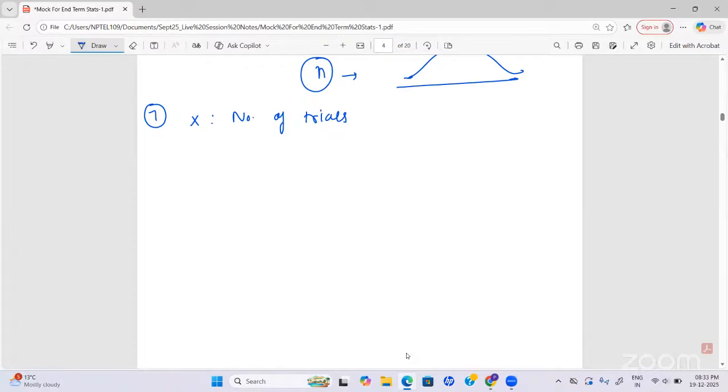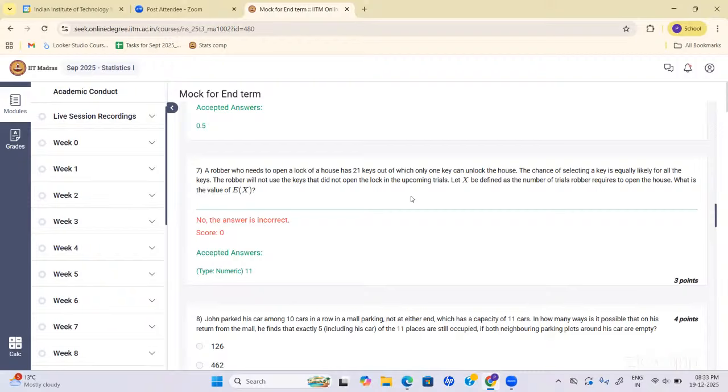Excuse me, ma'am. Here they've mentioned that he is not going to use the key again, the next time. Wouldn't that affect the probability? Yes, it will affect, because in that case the distribution of X might change.